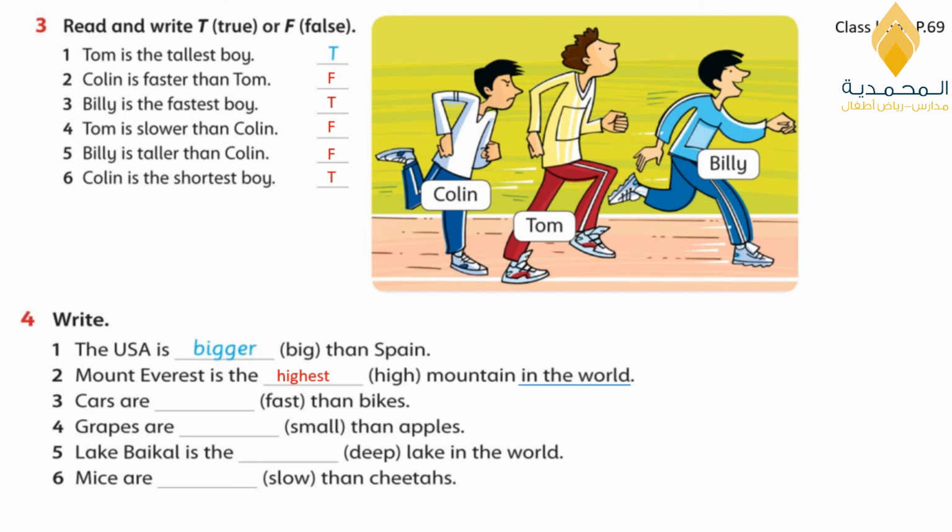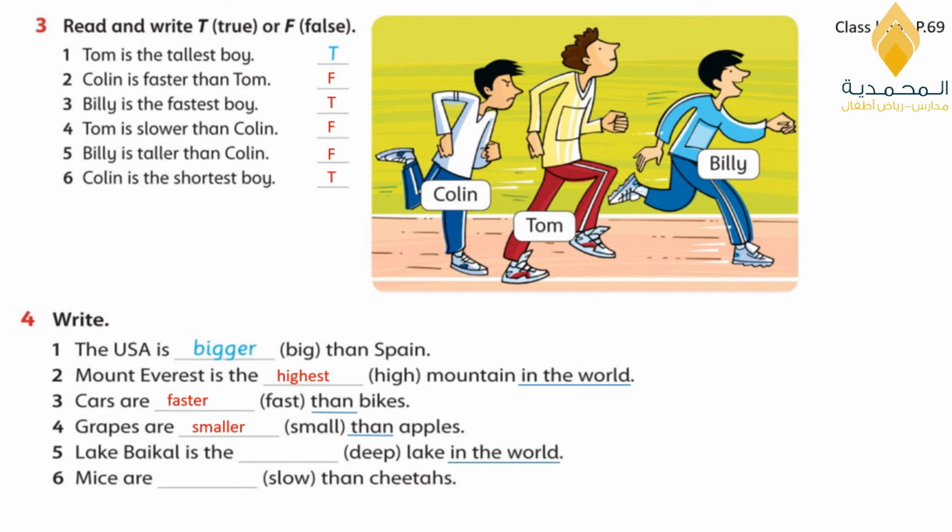Number 3, cars are faster than bikes. Here we have than, so it's comparative adjectives. Fast, faster. Number 4, grapes are smaller than apples. We have than, so it's comparative adjectives. So we add er to the adjective, smaller. 5, Lake Baikal is the deepest lake in the world.